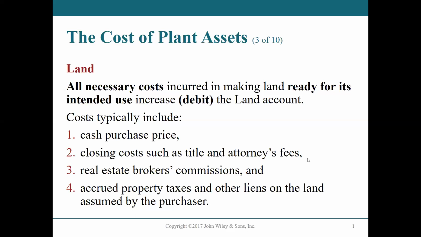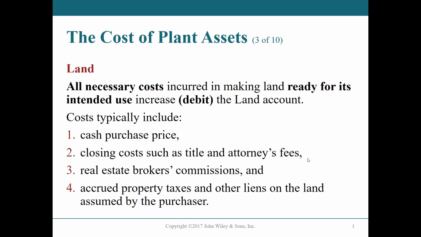So the idea is, if I buy a building, so I own a storage facility. If I buy a new building and I spend $40,000 on that building, I can't just take the expense of the whole $40,000 right now, because that building is going to actually be an asset I use to generate revenue for the next 30 years.